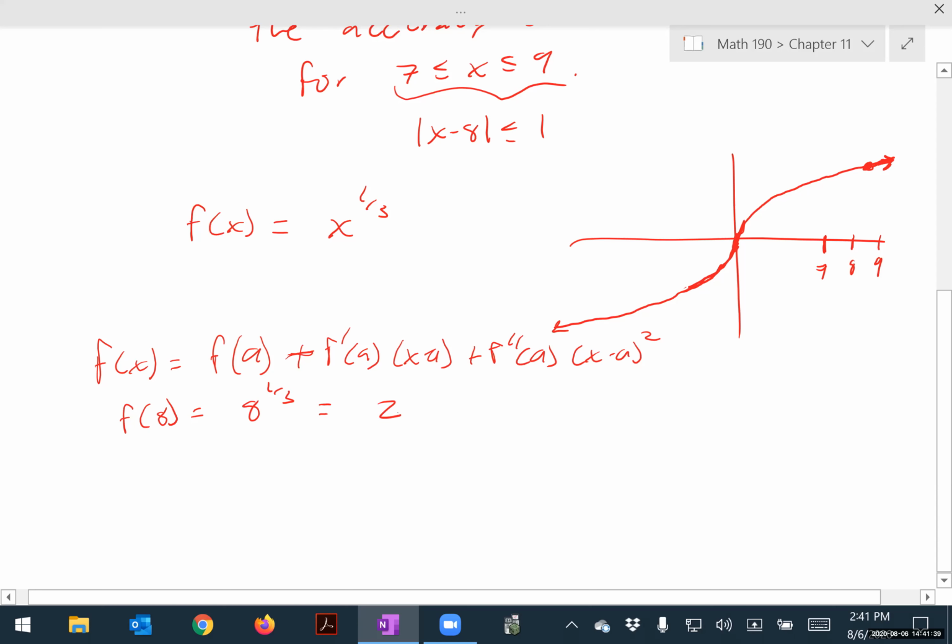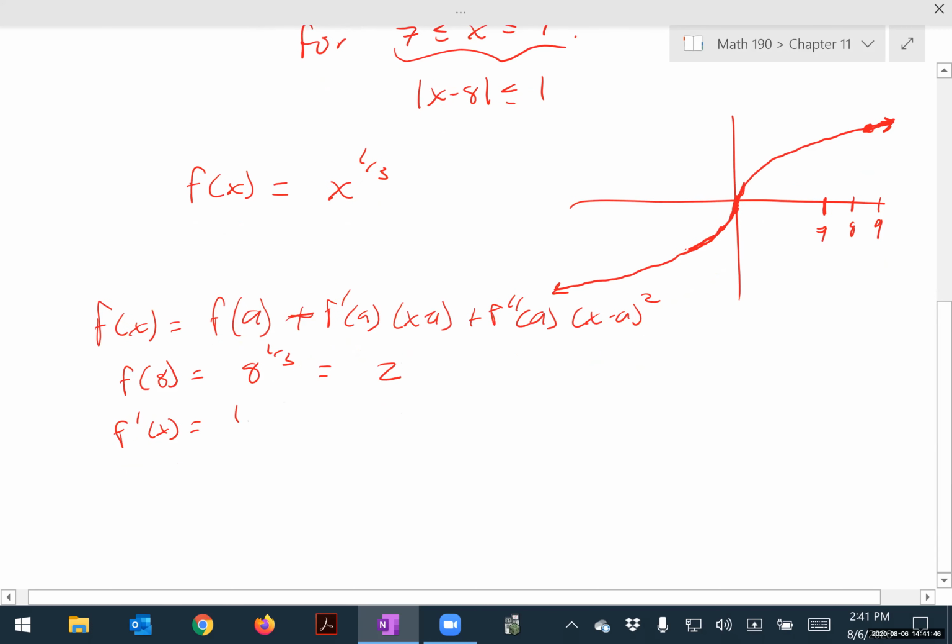That's 2. What's f prime of x? f prime of x here is going to be 1/3 x to the negative 2/3. So f prime of 8 is going to be 1/3 times 8 to the negative 2/3. So that's 1/12.